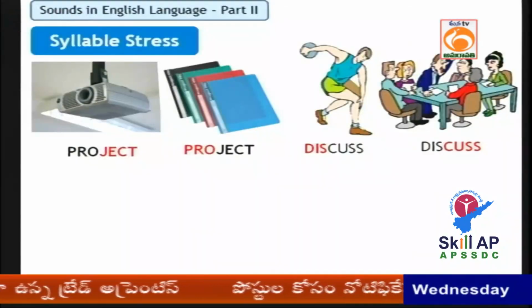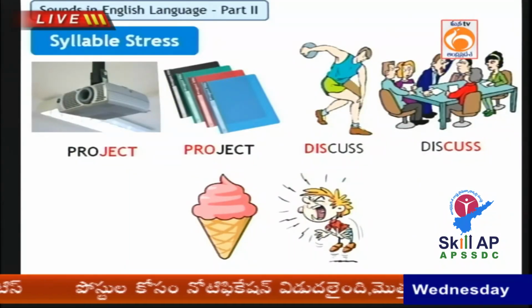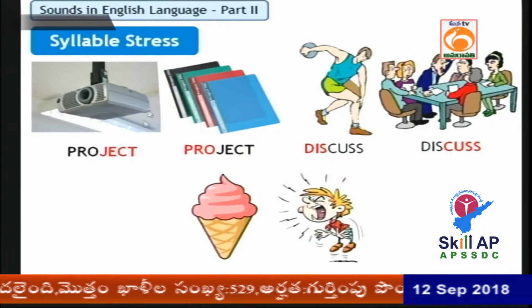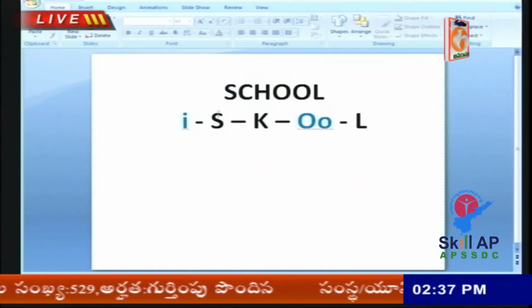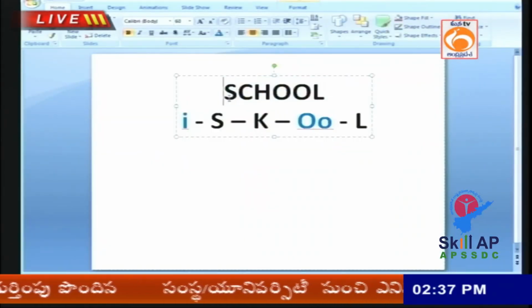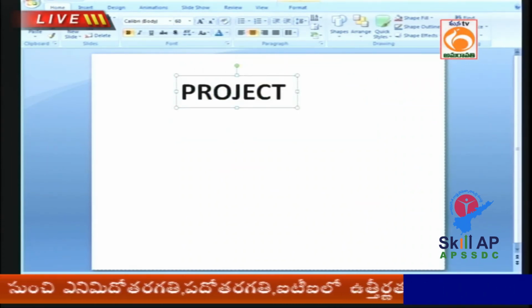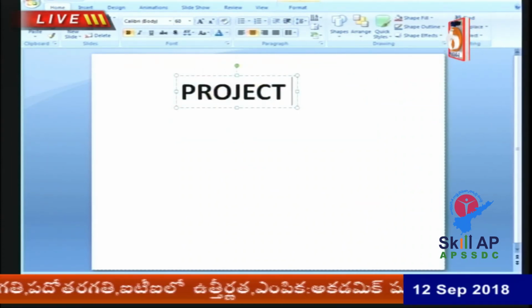So when I talk about syllables and syllable stress, keeping the stress aspect aside, it's important that you understand what a syllable is. For example, if I bring syllable stress into the picture, this is project and this is project. I just want to talk about this particular example right now. Now I have this word, project.